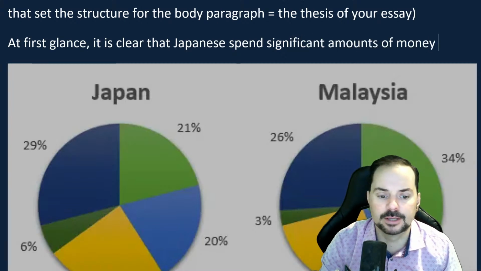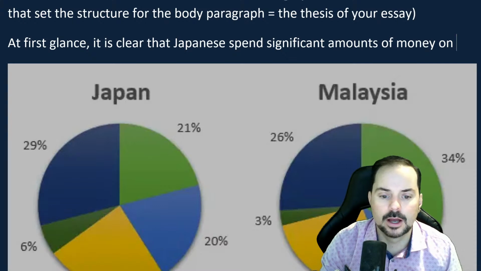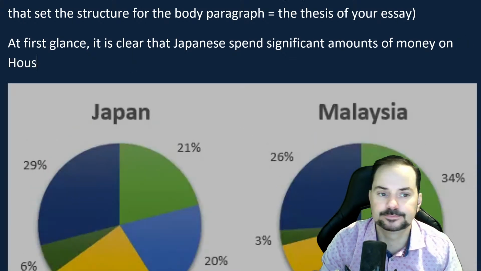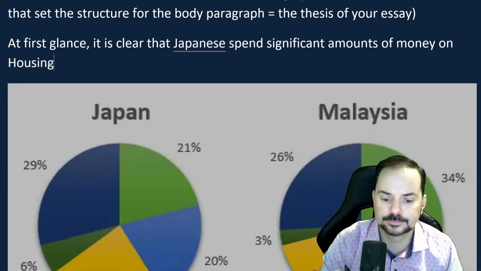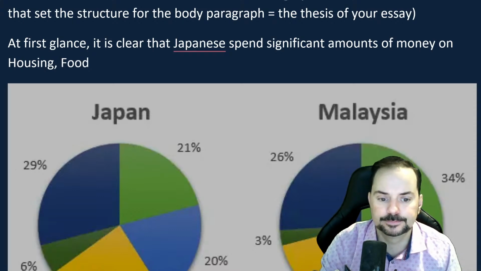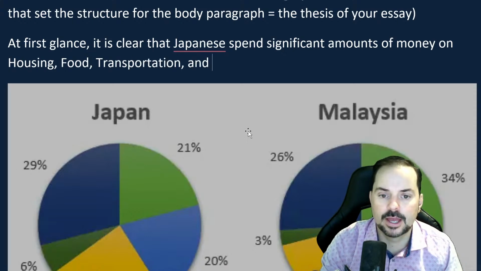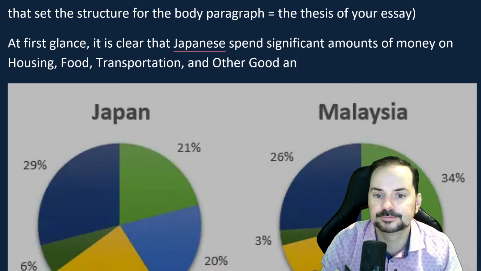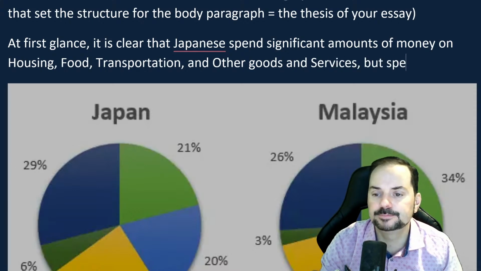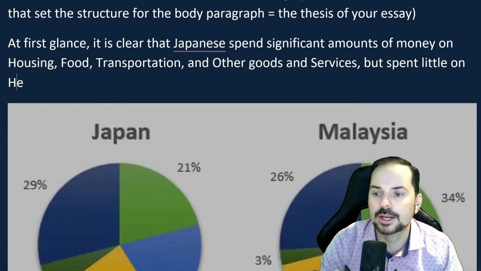amounts of money on housing, food, transportation, and other goods and services, but spent little on healthcare.